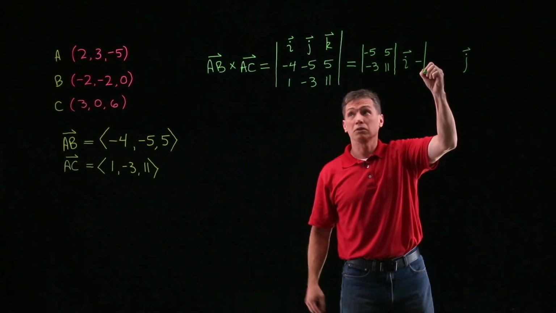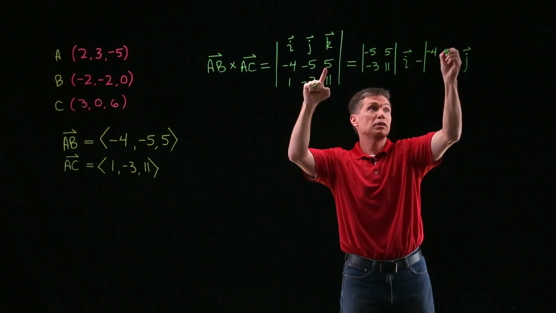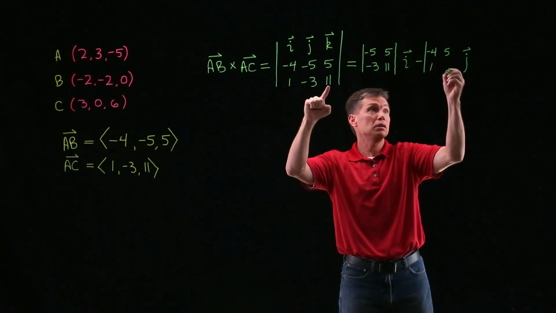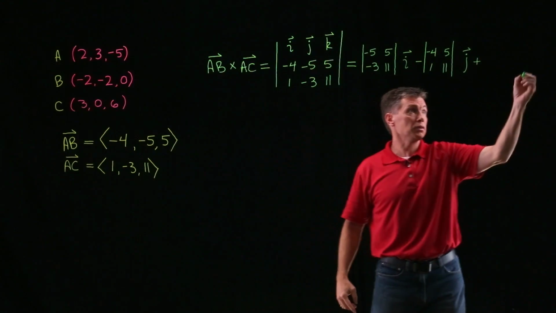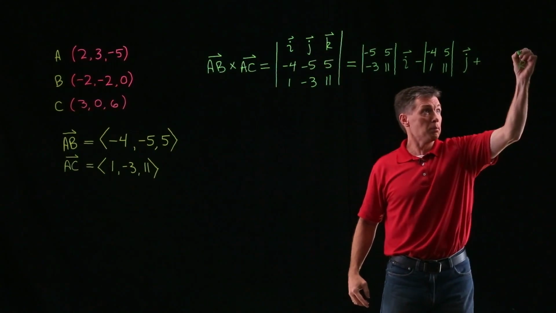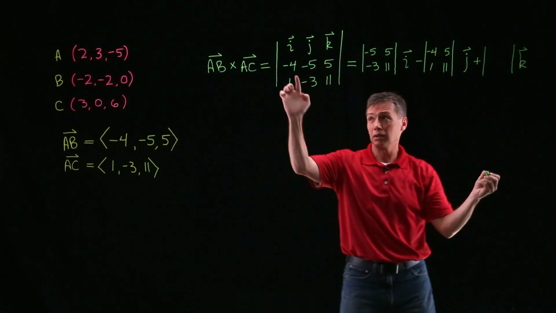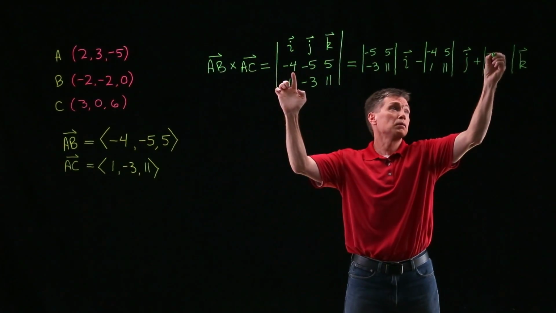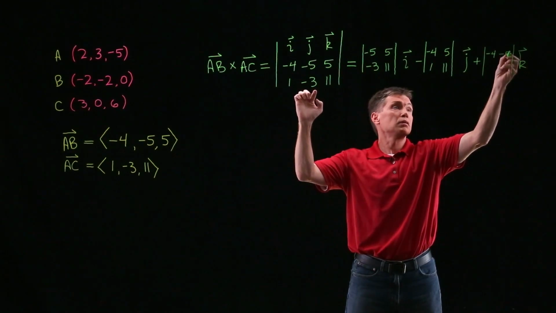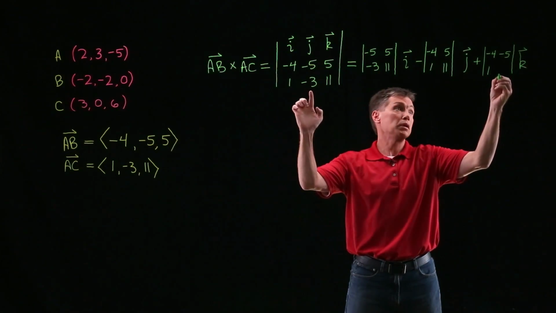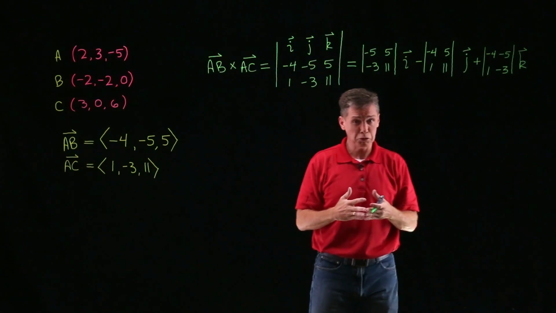And then your submatrix this time is going to be -4, 5, this 1, and then that 11. And then we'll finish with a plus. I need my K part, where my submatrix is going to look like this, the -4, the -5, and then the 1 and -3. Okay, that step is implementing that cofactor expansion.